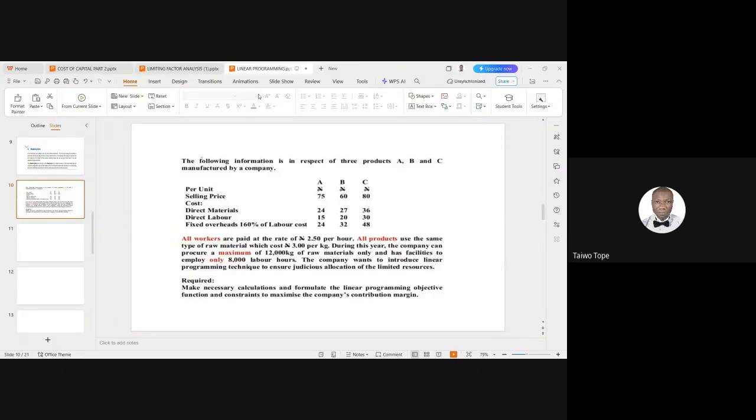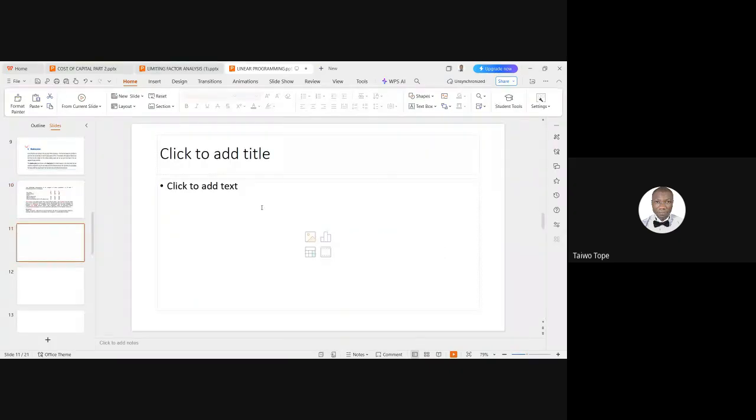They are asked to formulate the objective function and constraints to maximize the company's contribution margin. This is what the question wants you to do. So let's see how to do this, let's see how we treat this.